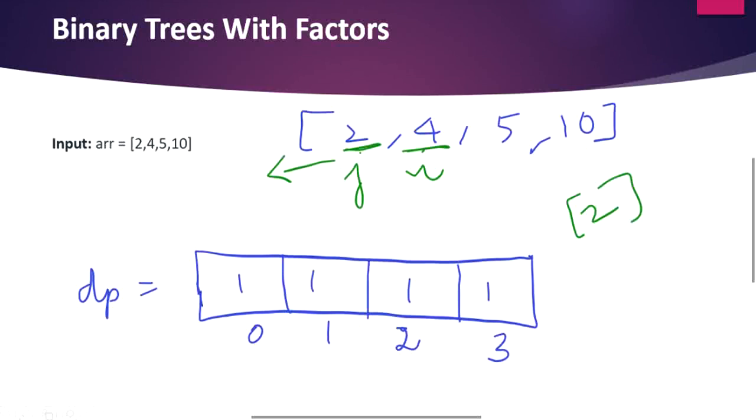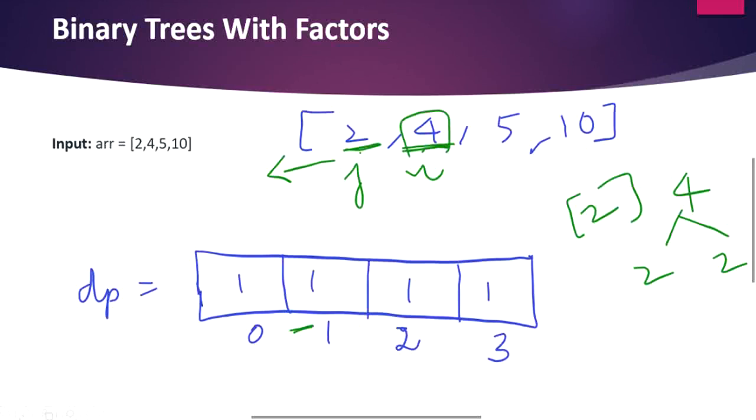So moving on to our next element 4, 4 can be the root element because it has its factors 2 and 2 as its children. So for every element we are going to check whether that element can be a root node. By using that, we are going to fill its corresponding DP array, that is how many binary trees can be formed by keeping that element as the root node.